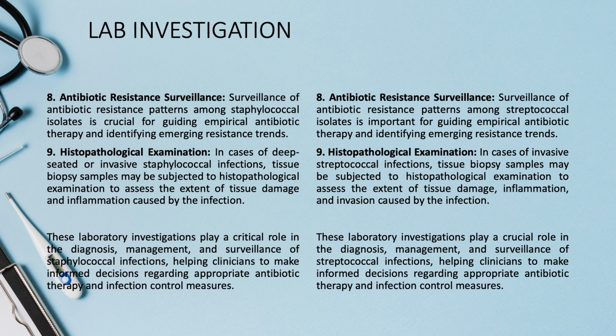So we have three groups: alpha, beta, and gamma hemolysis. And the most severe one, as you can see in this slide, is beta in the first place, alpha in the second, and gamma in the third.